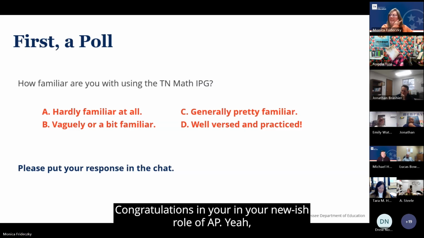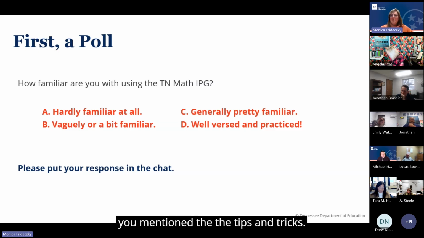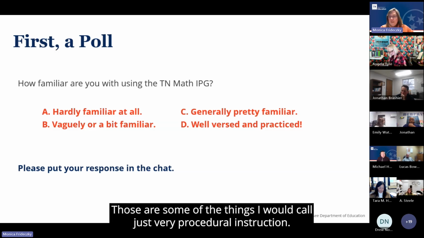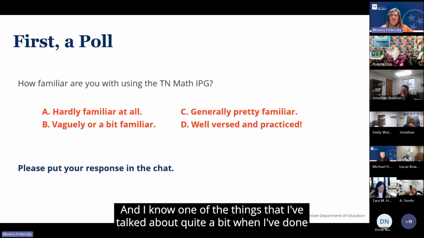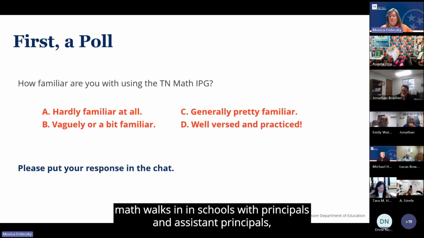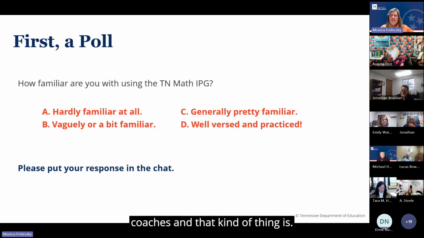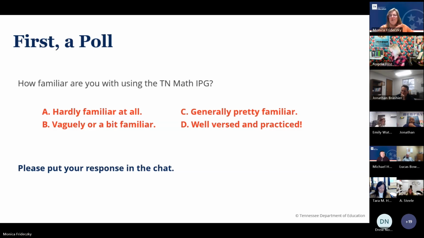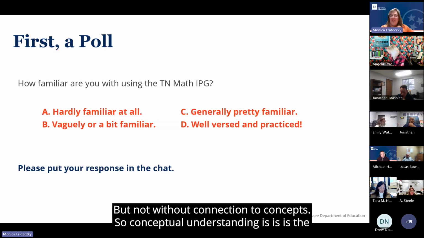You mentioned the tips and tricks. Those are some of the things I would call just very procedural instruction. And I know one of the things that I've talked about quite a bit when I've done math walks in schools with principals, assistant principals, coaches, and that kind of thing is that procedures or tricks are okay, but not without connection to concepts.